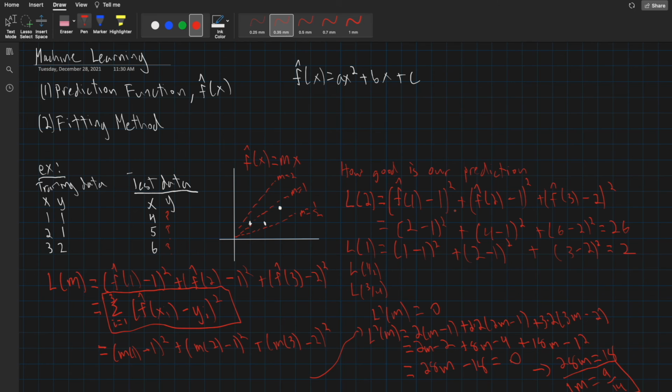And now, are we done? But wait, have we actually even confirmed that this was a max or a min? So all we've done so far is say that slope of 9 over 14 is a critical point. So it's also a good idea if we take the derivative again, maybe do the second derivative test, or confirm using the first derivative test. So the second derivative test tells us that L double prime of m is equal to 28, which means our function L is going to be concave up.